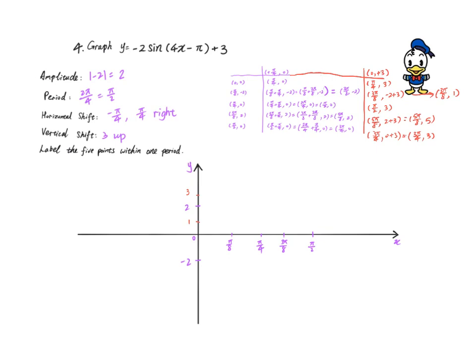I think the biggest number for y is 5, so 4 and 5. I'm just going to label everything out so I can find the points more easily. After pi over 2, I see another two x values here, 5 pi over 8 and 3 pi over 4. We can put those points on the x-axis too.